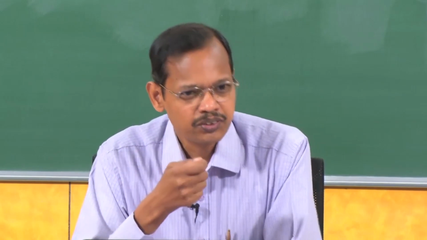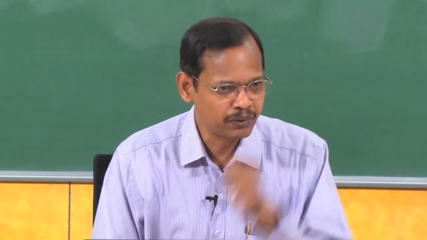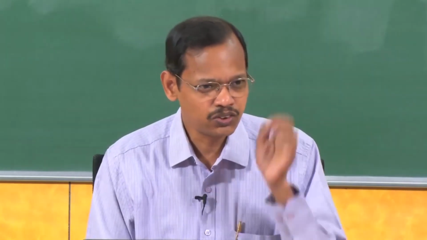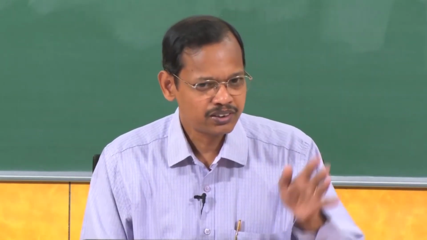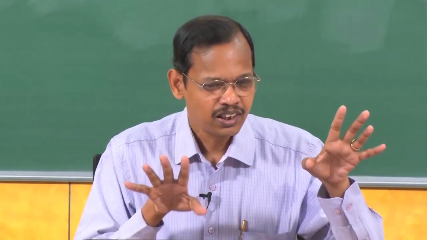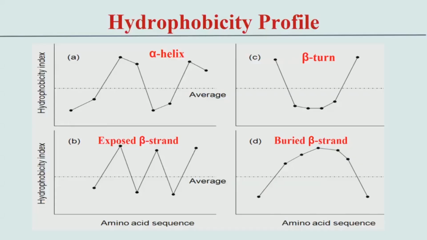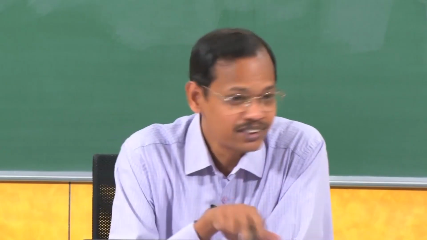As we know, helices have 3.6 residues per turn, and if these residues are amphipathic, spanning 2 different phases, then 2 in one phase and 2 in another phase, based on that they derived a specific type of pattern. This can work only if the helices are amphipathic in nature. If the helices are not amphipathic, then we cannot see this pattern.